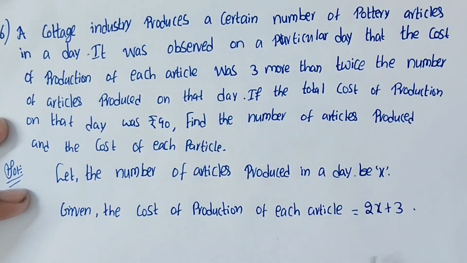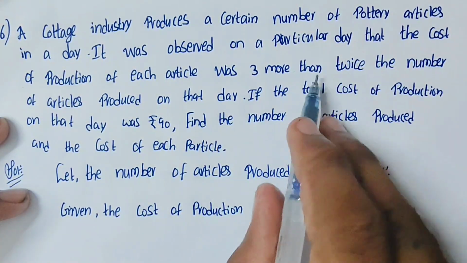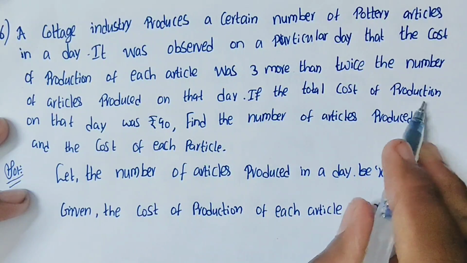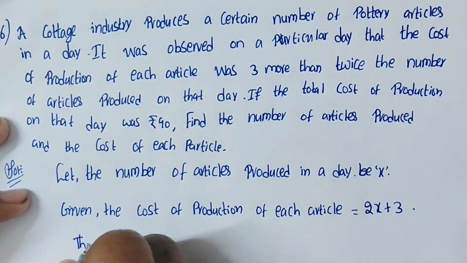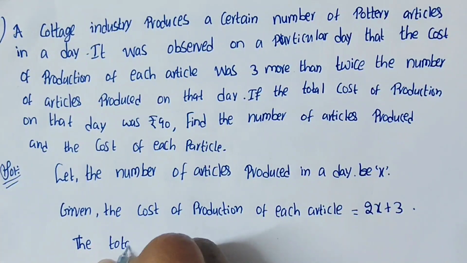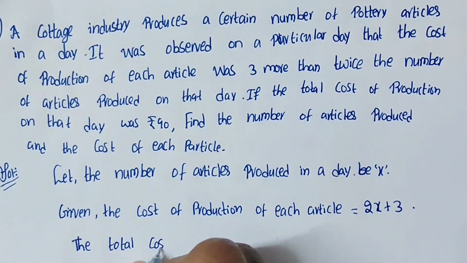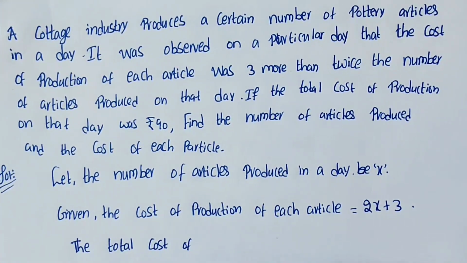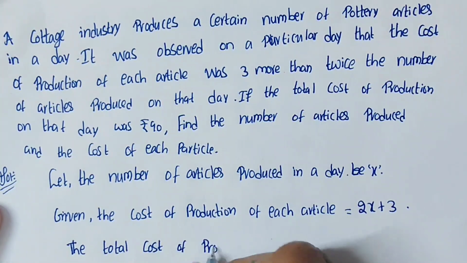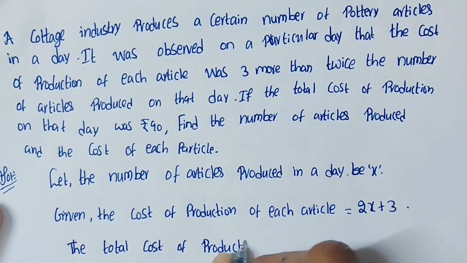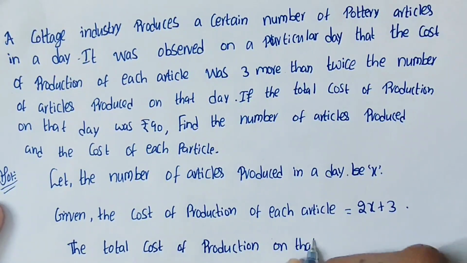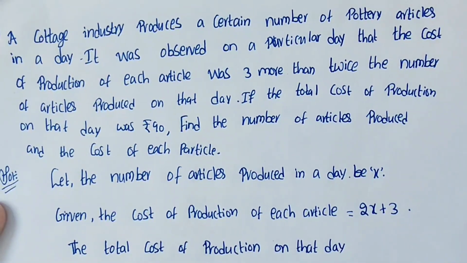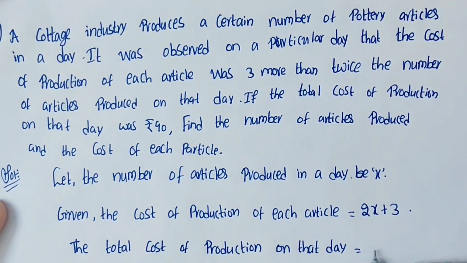3. Now, if the total cost of production on the day was 90 rupees, the total cost of production on that day equals 90 rupees.